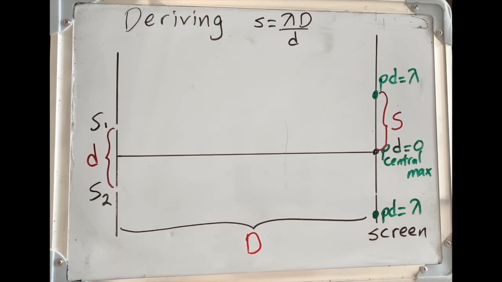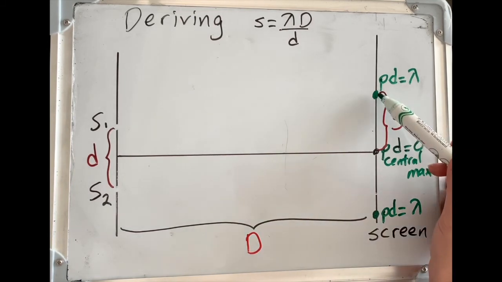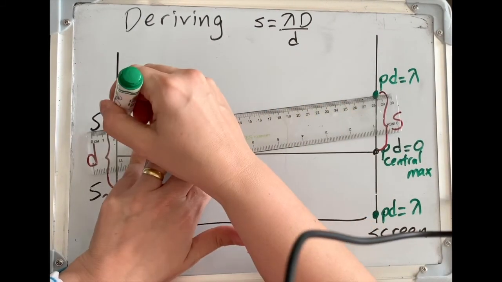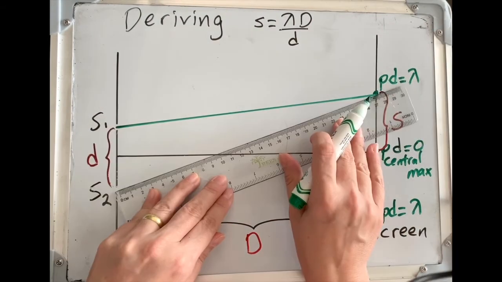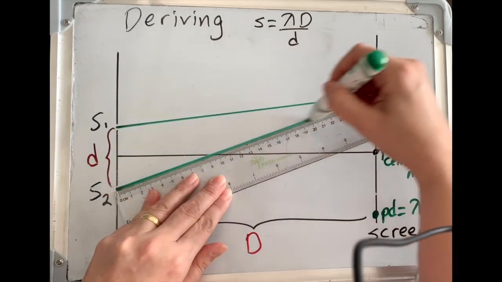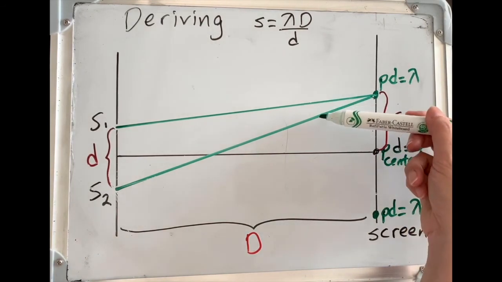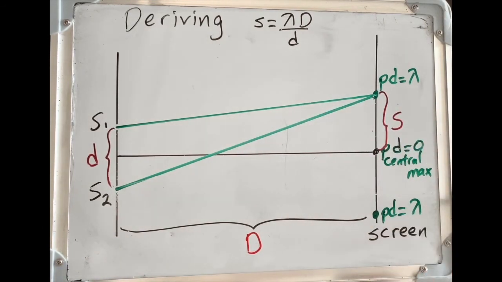So now I'm going to draw lines from the two sources to this point to figure out the path difference on the diagram. To show the path difference on the diagram, we need the difference in lengths of these two green lines.